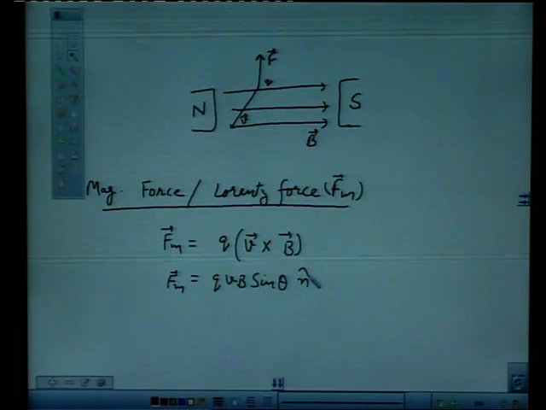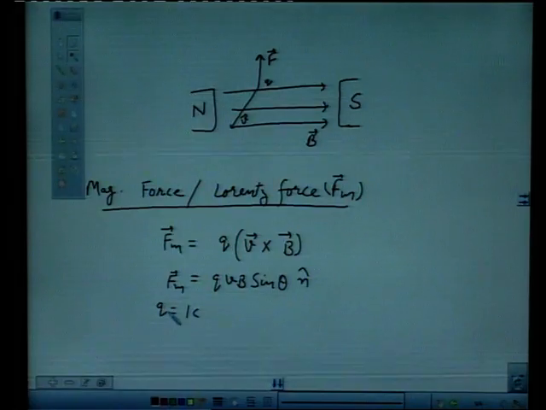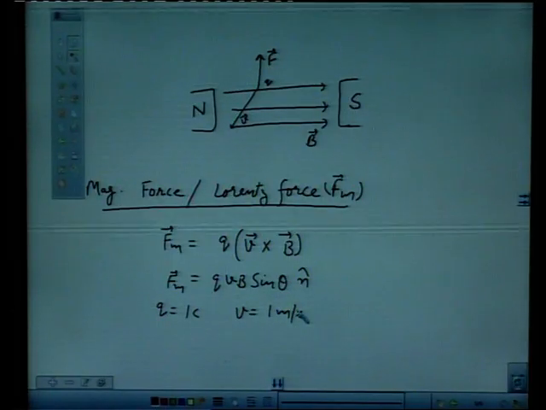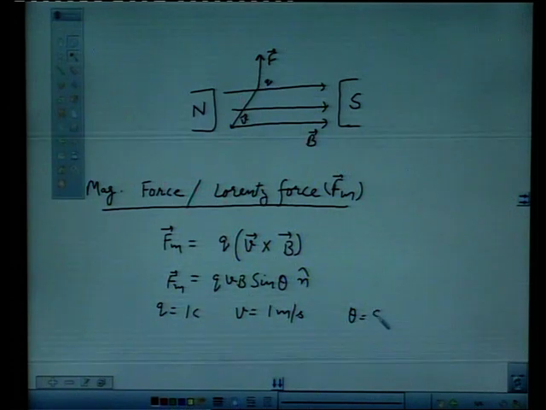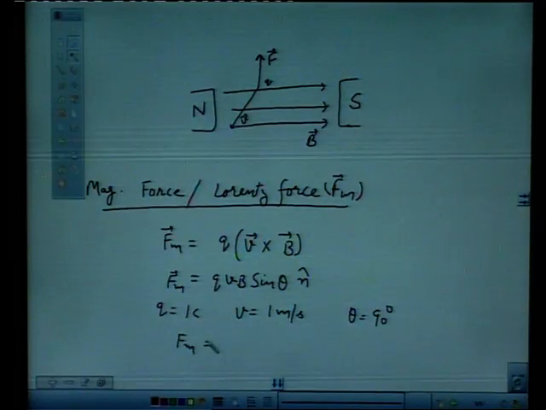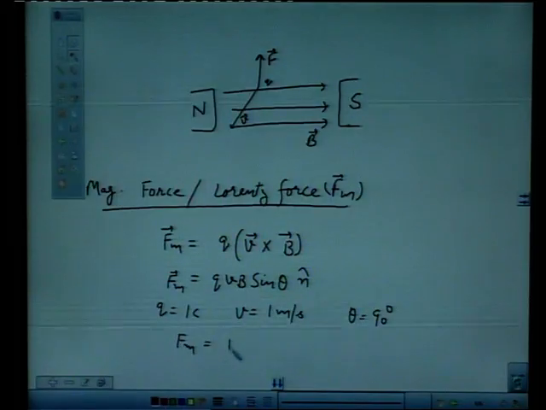So let us take charge Q equal to 1 coulomb, the velocity equal to 1 meter per second, and theta equal to 90 degrees. In that case, the magnitude of magnetic force Fm will be equal to the magnetic field itself.